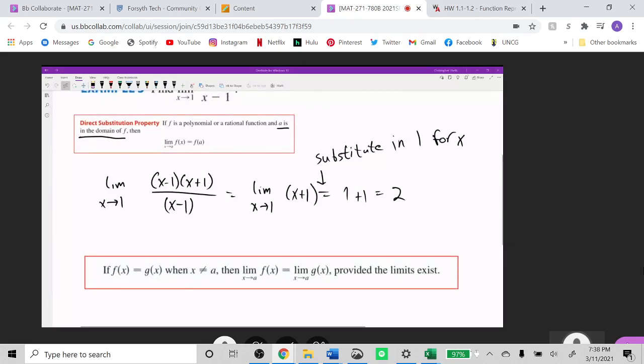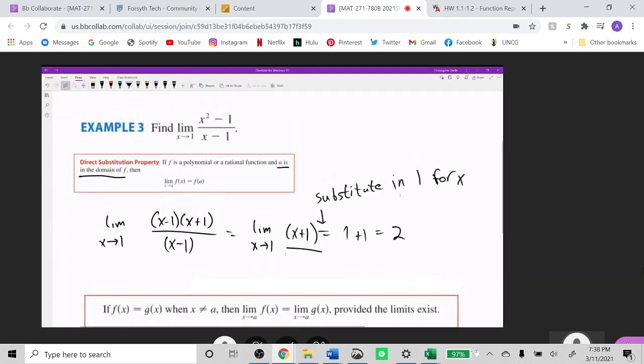That is a fact that is implicitly used here. The function x plus 1 is not exactly the same as the function x squared minus 1 over x minus 1, is it? Because the graph of this function has a hole at x equals 1, and the graph of x plus 1 does not.